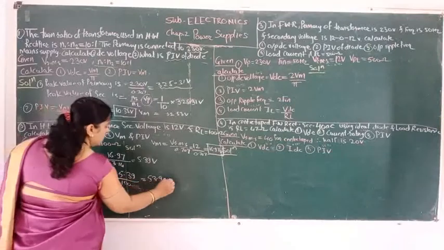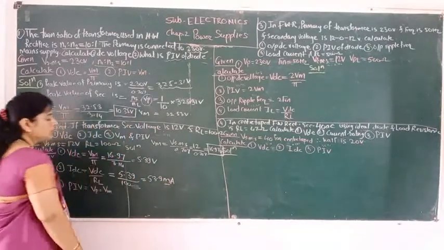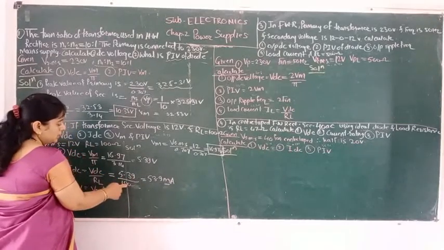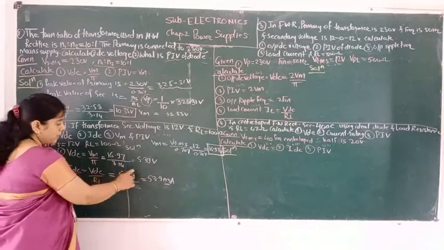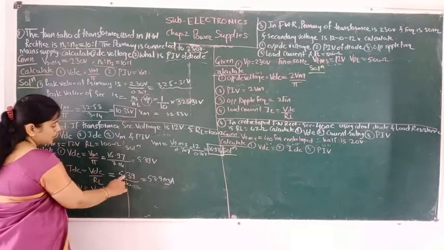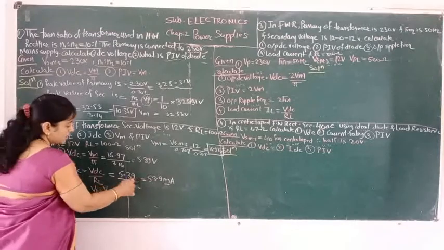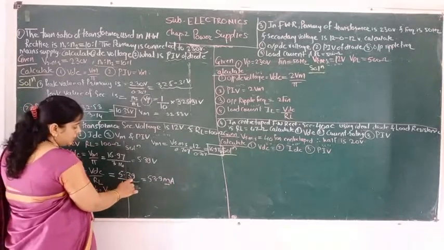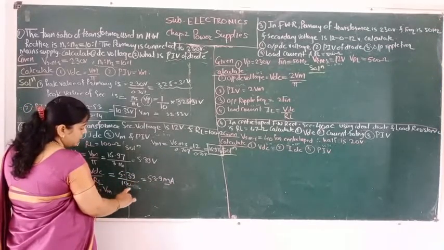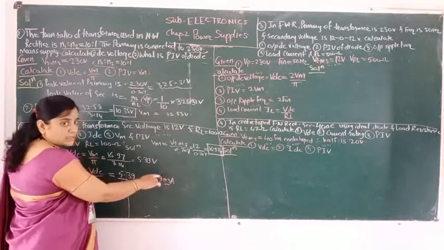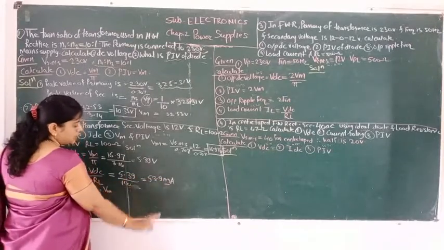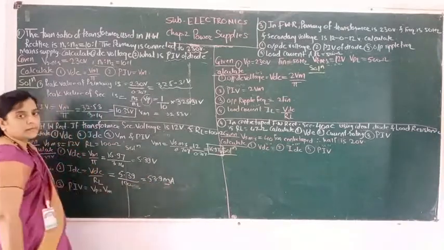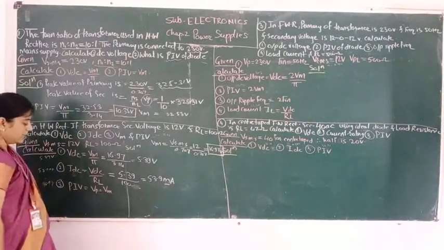Here 5.39 into 10 raised to 2, I will take it up and shift the decimal, so it will be 53.9, and this 10 I take up as 10 raised to minus 3. This minus 2 plus this one is minus 3. Therefore minus 3 means milliampere. So 53.9 milliampere is the current IDC.